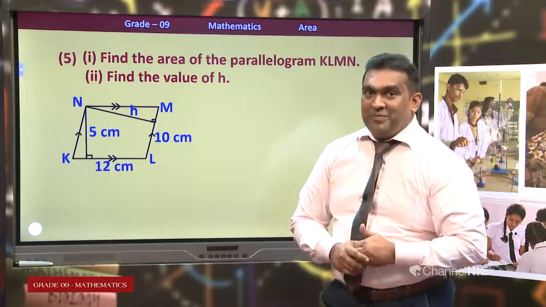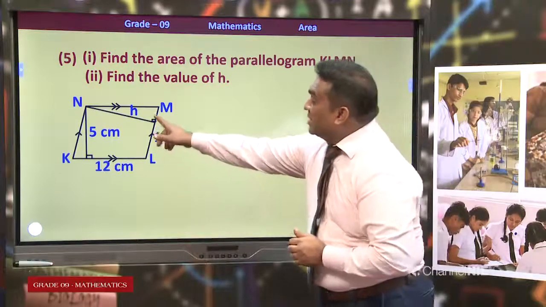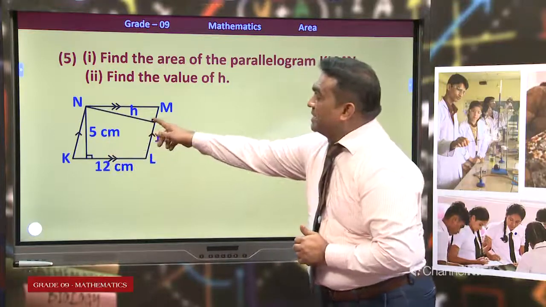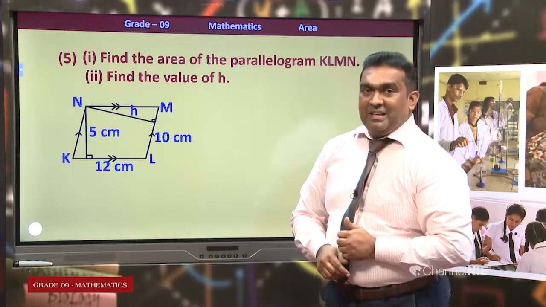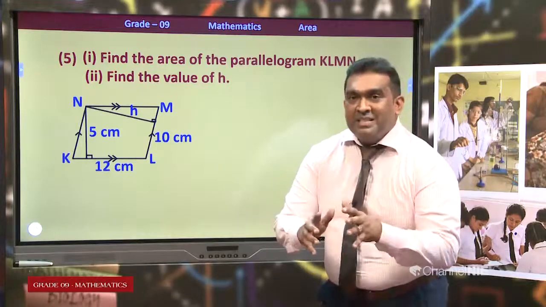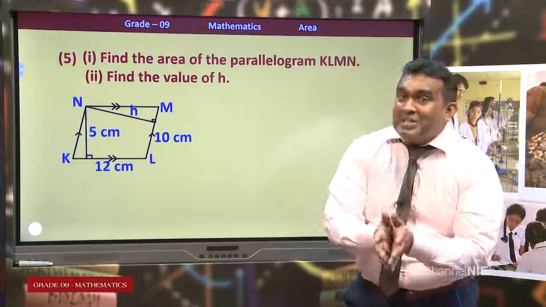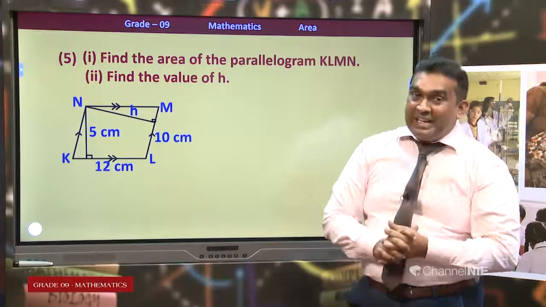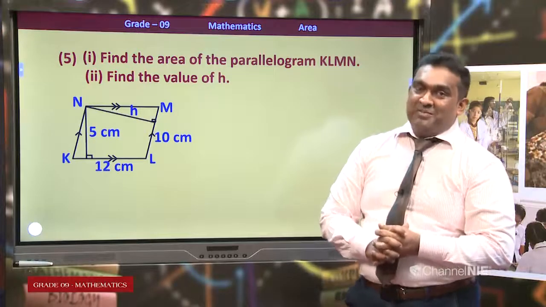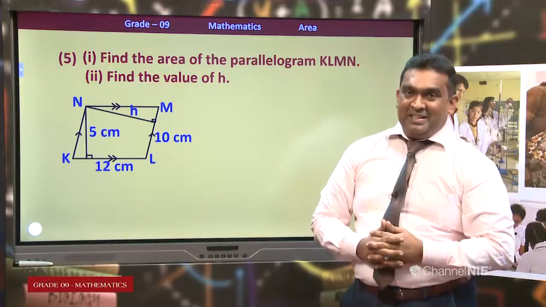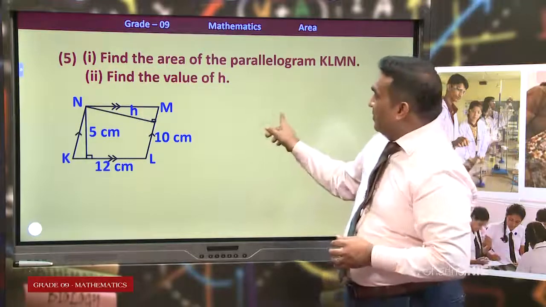No? They have given us 2 perpendicular heights. 2 bases, 2 perpendicular heights. It means there are 2 ways of finding the area of this parallelogram. We will see.